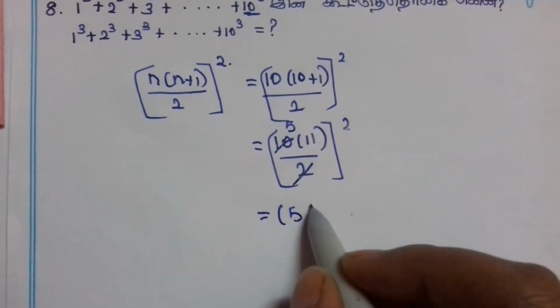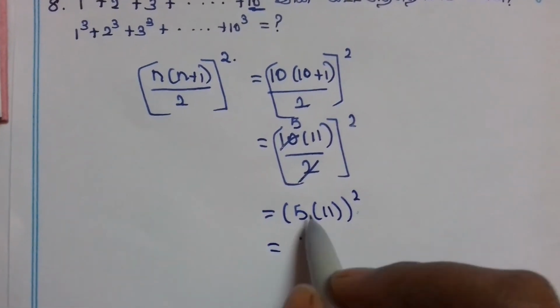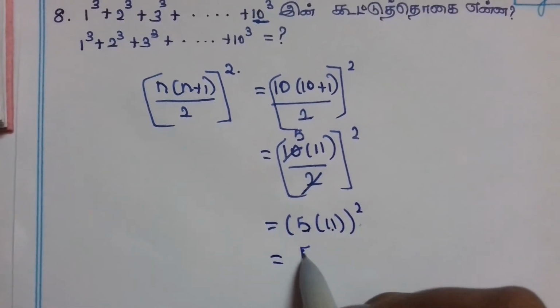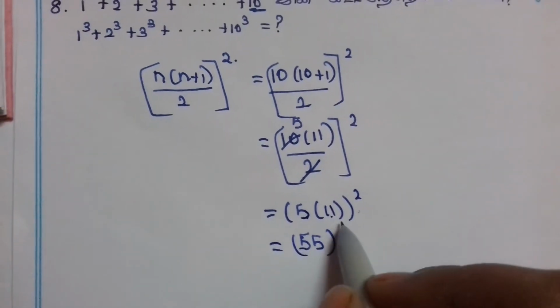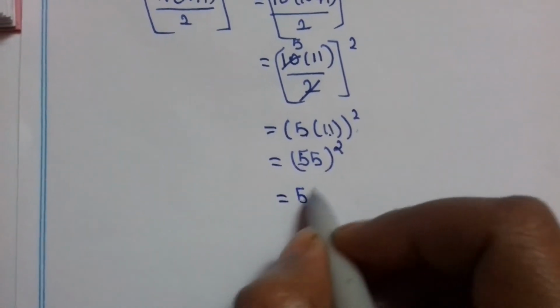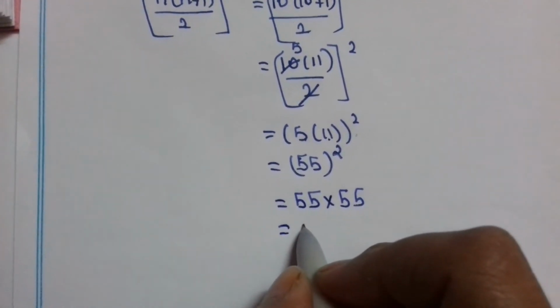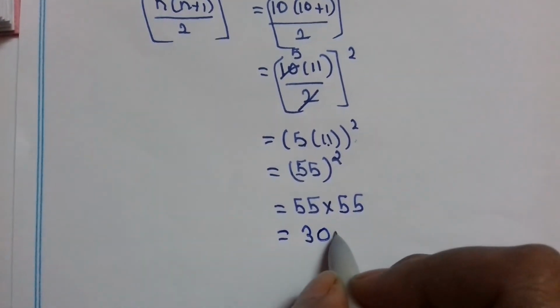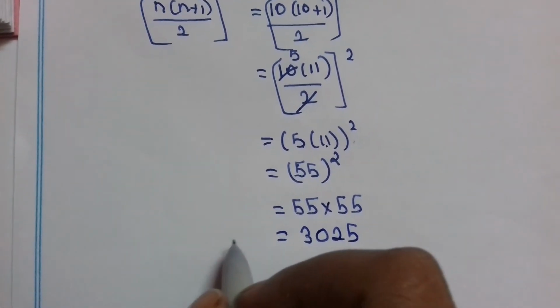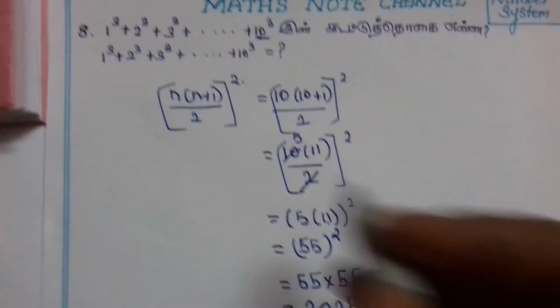So (5 into 11) whole square. 5 into 11 is 55, square. So 55 into 55 equal to 3025. This problem, 3025 is the answer.